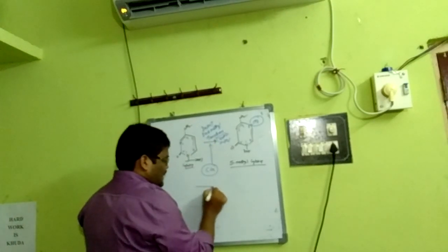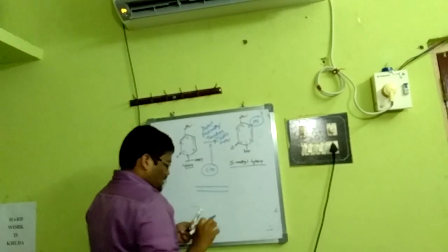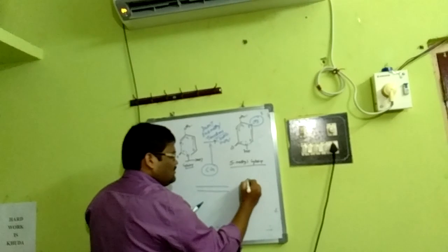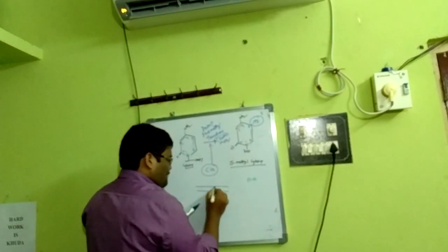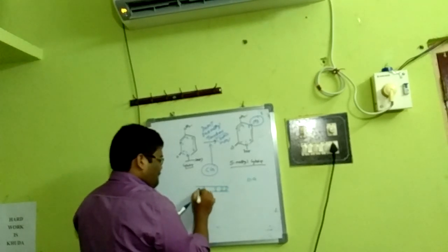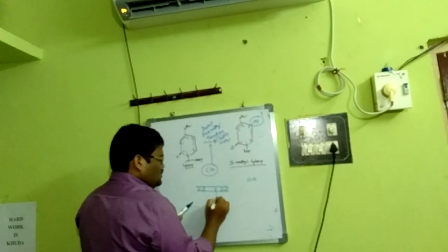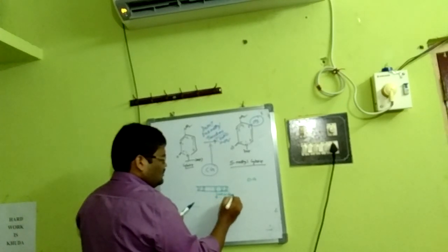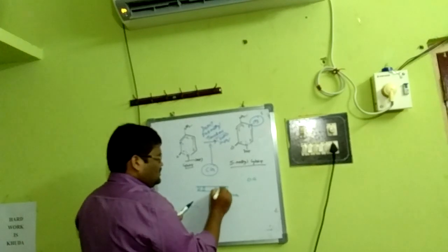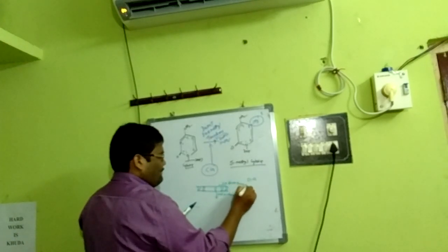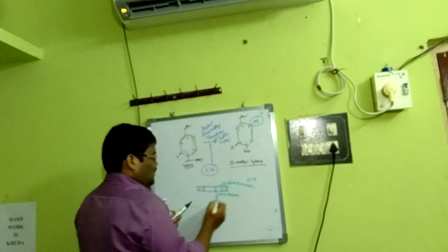Say consider a particular gene, and these are the CG sequences. Here there is no methylation. DNA binding proteins come at the start of the gene, that means RNA transcription begins.